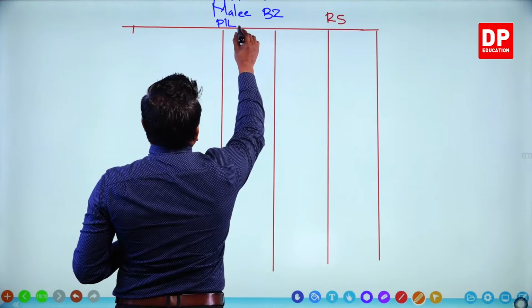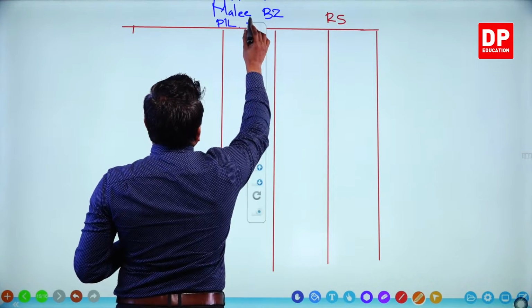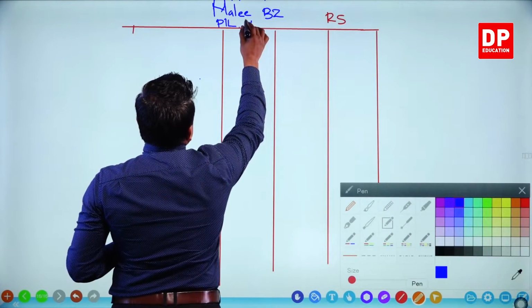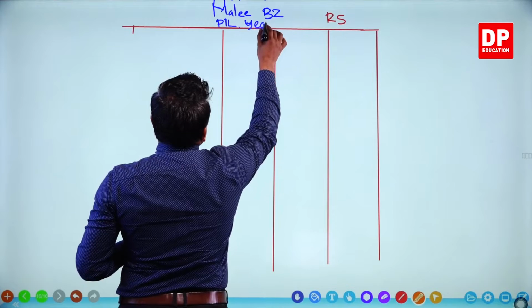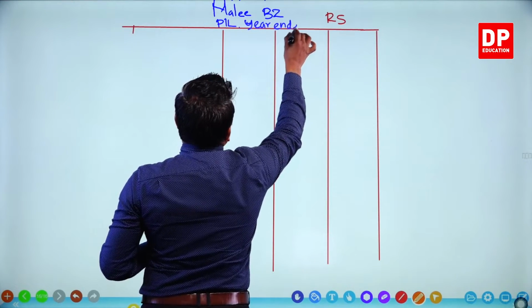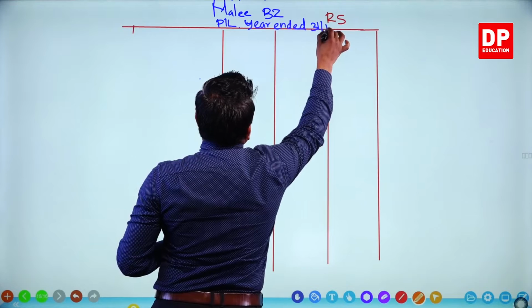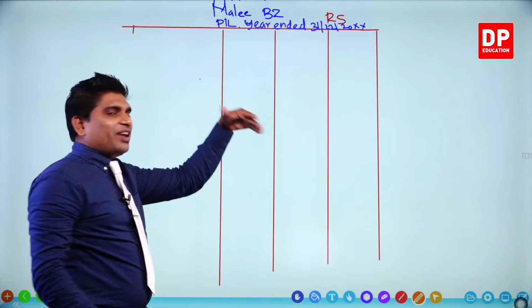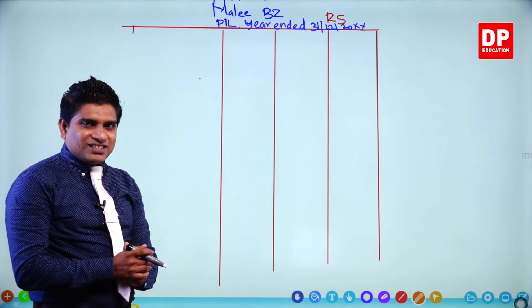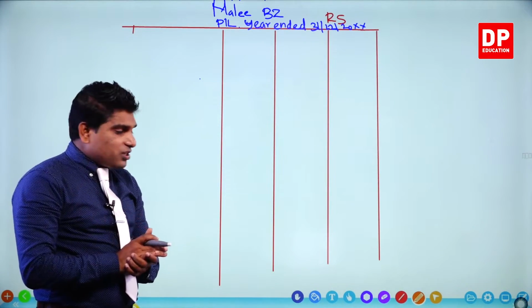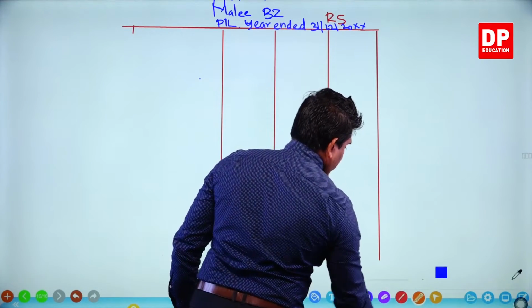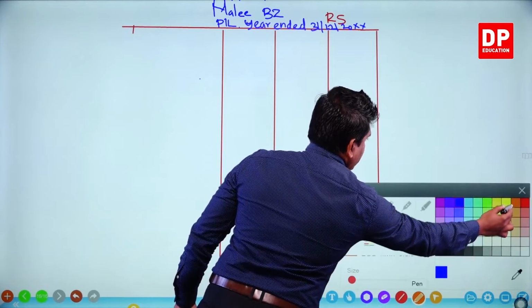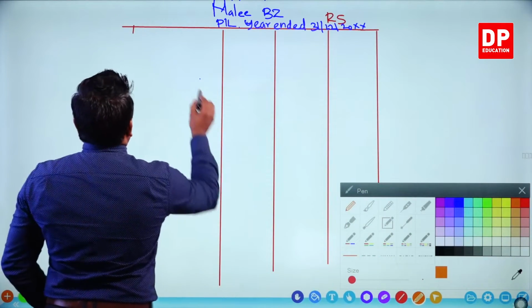Year ended 31st December 20 blah. Blah means like they put crosses, no? So we put crosses. Now you remember, actually on the top of the profit and loss statement, what we write? We write sales.